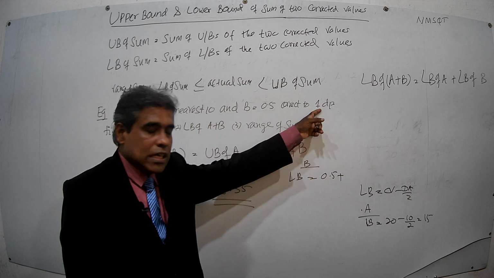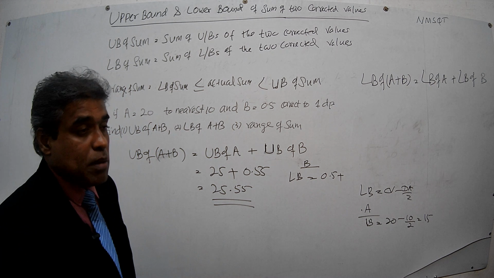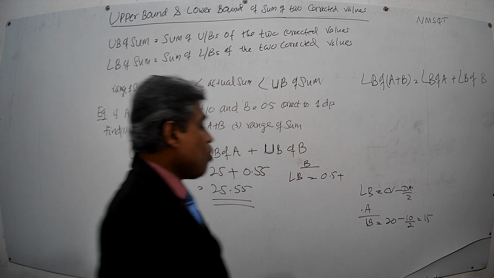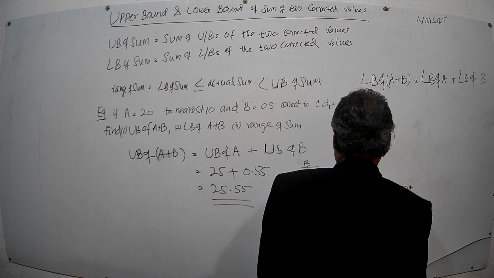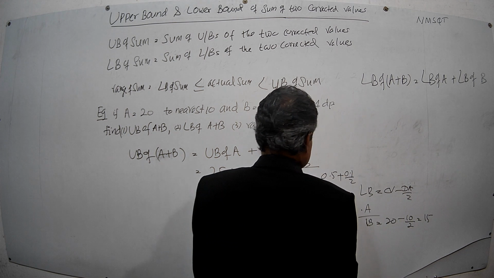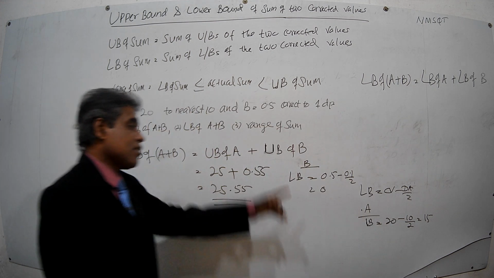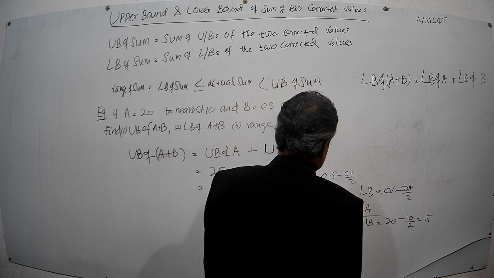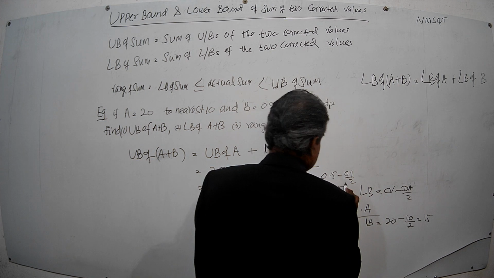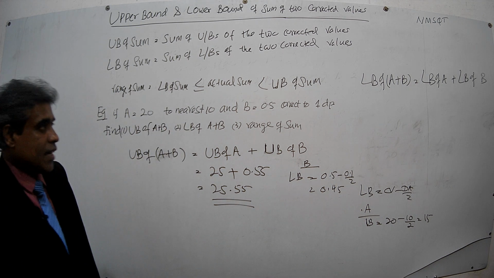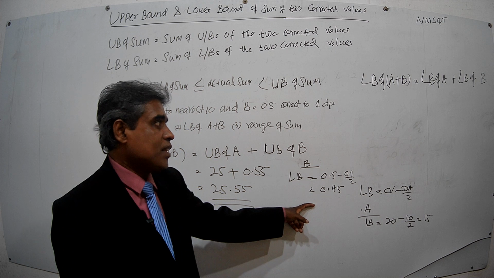Correct to 1 decimal place means the degree of accuracy to be used in the lower bound and upper bound formula is 0.1, divided by 2. Sorry, lower bound is corrected value minus degree of accuracy over 2. So you deduct 0.05 from this one, and it will be 0.45.